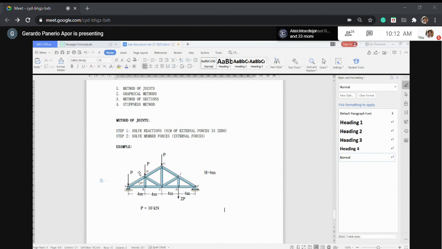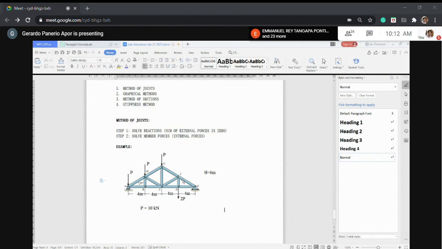On the top chord, the applied load is 10 kilonewton because it's P and P is equivalent to 10 kilonewton. While at joint D there is 2P, so this is 20. Now the dimension of the truss: the span from A to E is 16 meters. The total height is 6 meters.